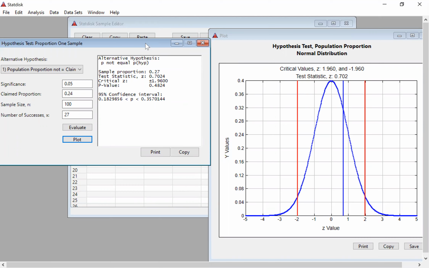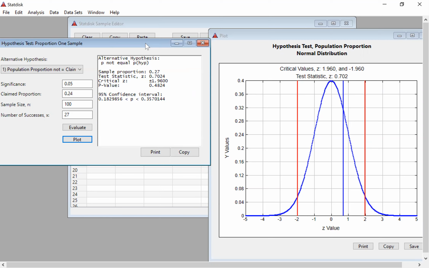And what we see here is we've got our two critical values because it's the two-tailed test. But this time our test statistic falls in between them. It doesn't fall off in the tail. Our test statistic Z was 0.702. We're not even a full standard deviation away from what we claim to be true.